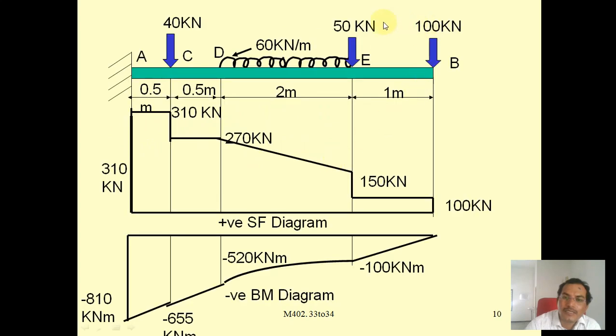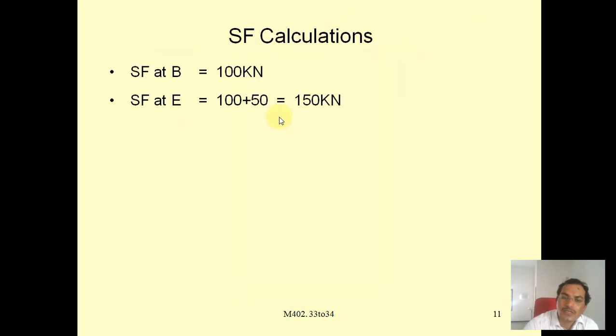First the 100 point load, and the 50 point load, the force having upward direction, positive, 50 plus 50 and 60 into 2.